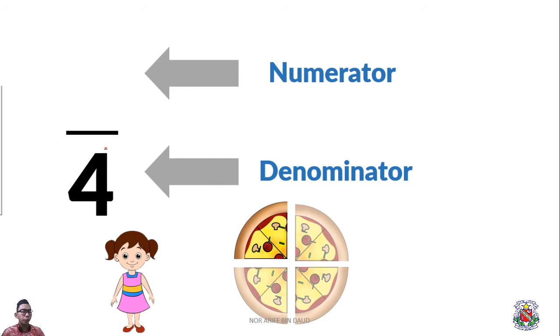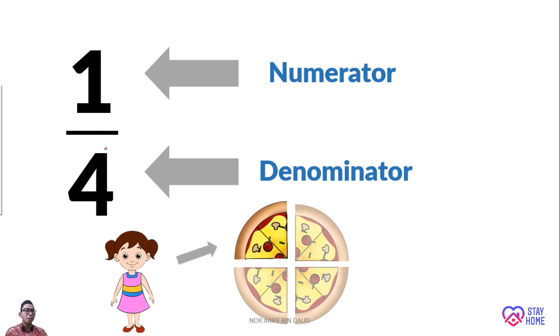So the numerator will be 1 because she only eats 1 slice of pizza. If she eats 2, the numerator must be 2. If she eats 3, the numerator must be 3. It is impossible for the numerator to be bigger than the denominator.